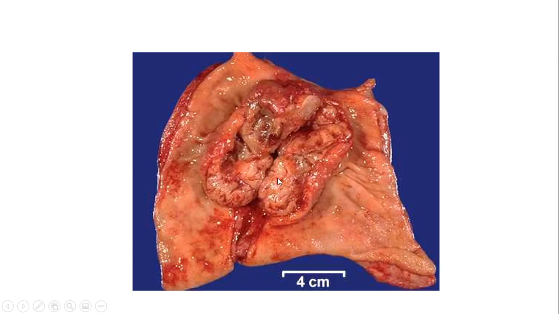This is the fungating or polypoidal mass, mainly in the antral region, with an ugly-looking elevated margin, fungating, bleeding foci, and necrotic foci, with heaped-up margins and large size.